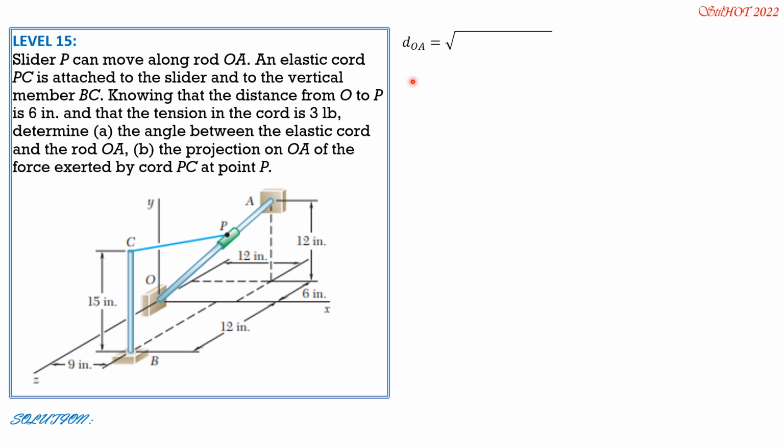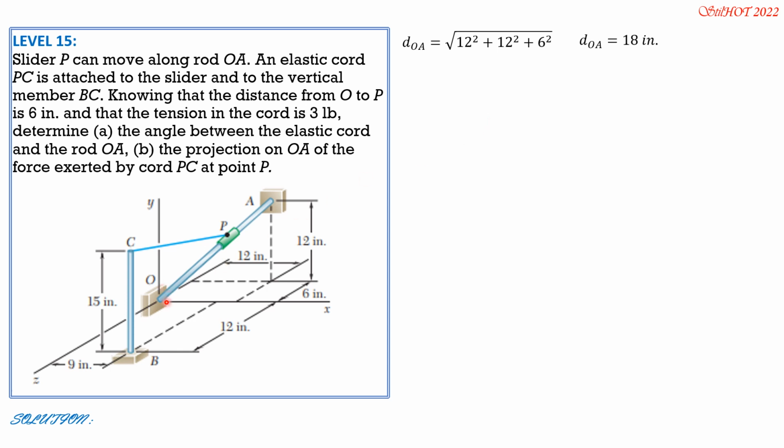So first, distance OA is square root of 12 squared along y, 12 squared along x, and along z negative 6, so negative 6 quantity squared or 6 squared. So 12, negative 6 along z, then 12 upward, so that's distance OA equal to 18 inches.